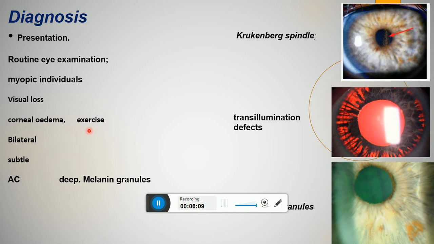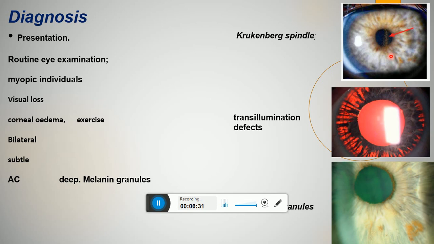Signs of pigment dispersion syndrome are usually bilateral but may be subtle and go undetected. On the cornea, pigment is deposited on the endothelium in a vertical spindle shape called the Krukenberg spindle.